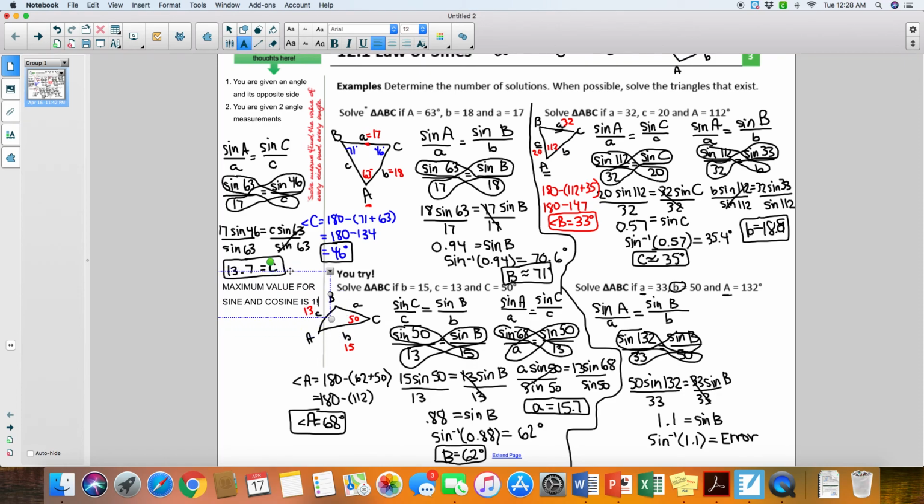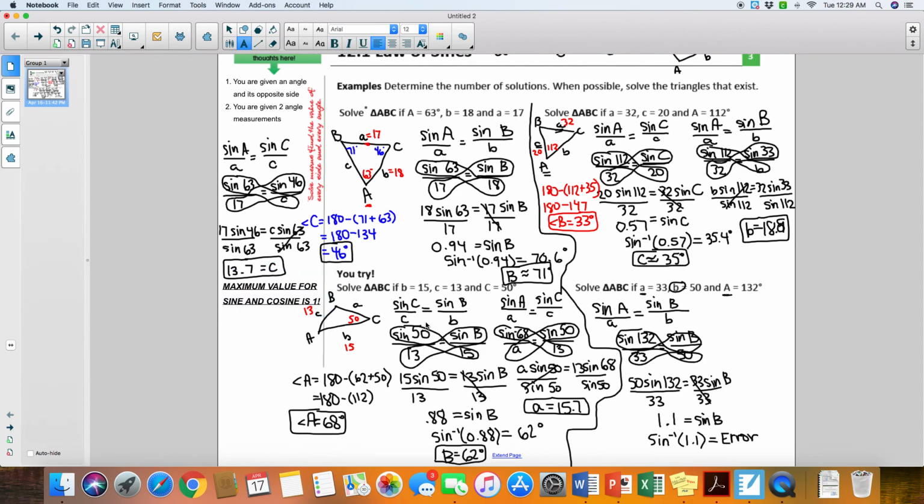All right, so I'm going to put that there, and I want to bold it, italicize it, and underline it. It's very, very important to know. Okay, maximum value for sine and cosine is 1.